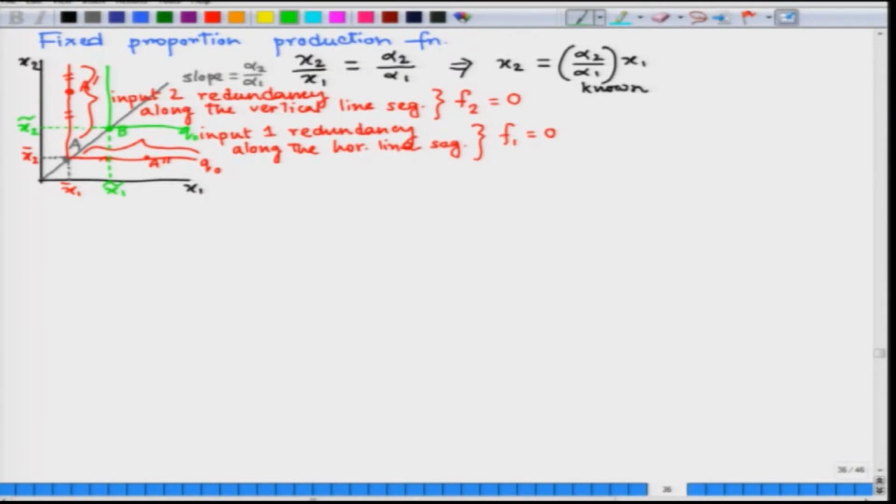So, here what we see is the following. So, for a fixed proportion production function which is also known as Leontief production function named after the inventor, that we get L shaped isoquants.